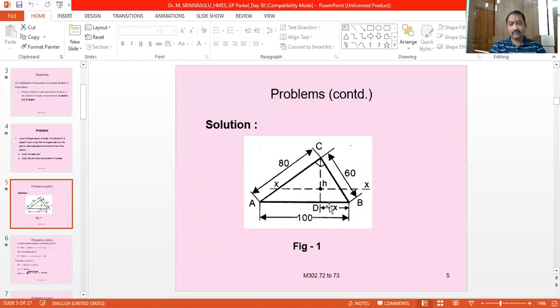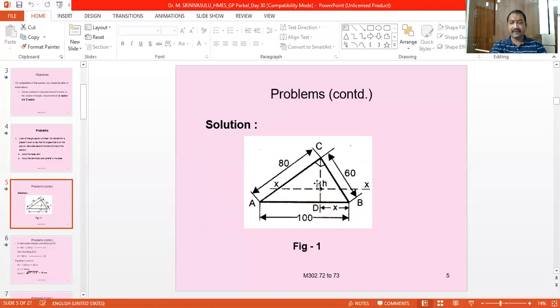Now the x-axis is the distance of the centroid from the base AB. So it is say y. The total height is h. Here we have to find the height h, and accordingly we can find the moment of inertia.